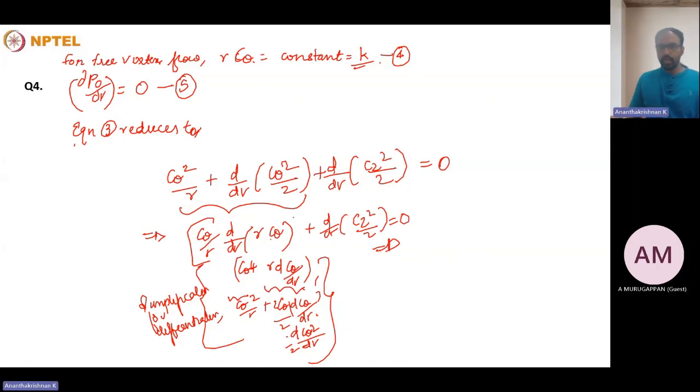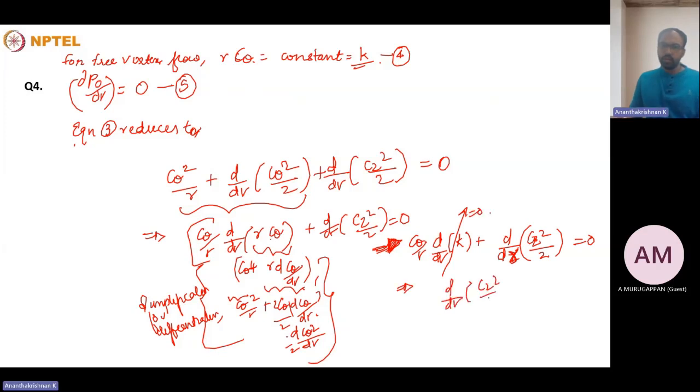For the case of free vortex flow, we can take r c theta as a constant, so we can write c theta by r into d by dr of K plus d by dr of cz squared divided by 2 equal to 0. Since K is a constant, we get d by dr of cz squared divided by 2 equal to 0.